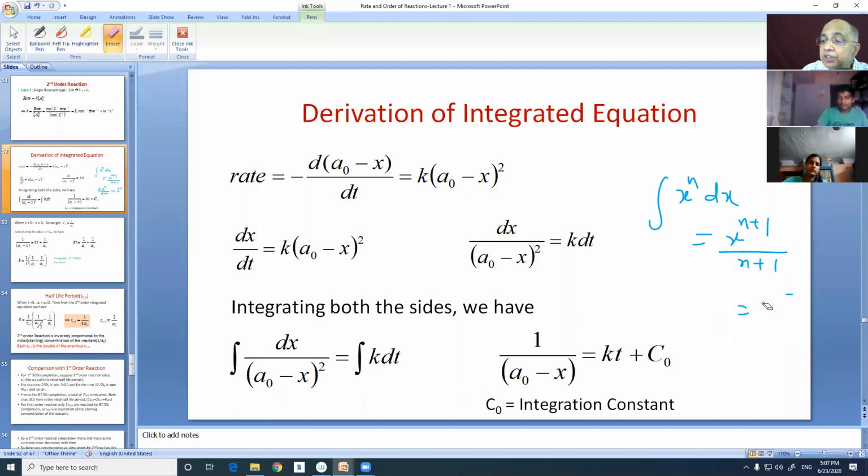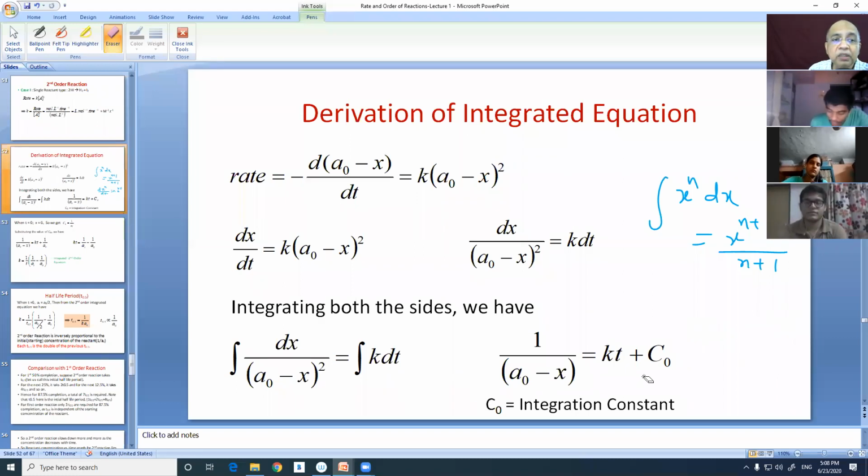So this is x to the n plus 1 by n plus 1. Here minus 2 plus 1 is minus 1, so it comes down. Since there is a minus here, you take it as t, then dt by dx, so a minus sign will come, which will make it plus. So it will be 1 by a0 minus x equals kt.